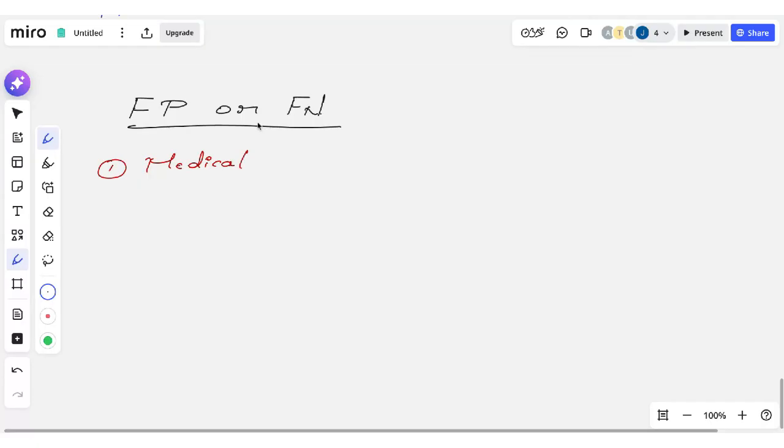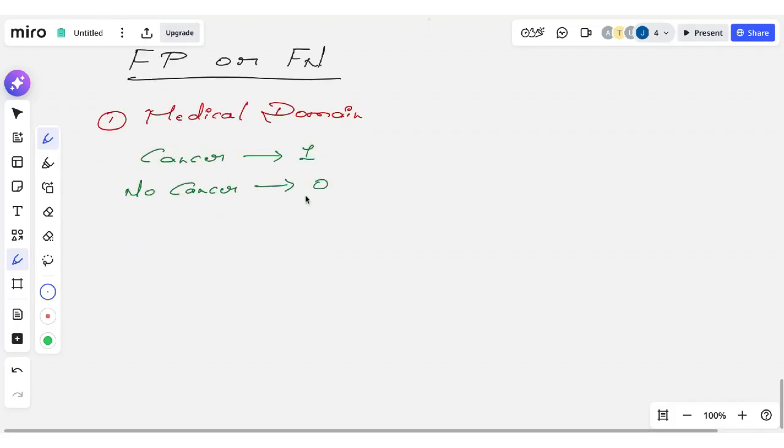Let's say you are doing a simple project related to the medical domain. We have two categories. One is cancer, which we represent with one. The other is no cancer, non-cancerous, which we represent as zero.